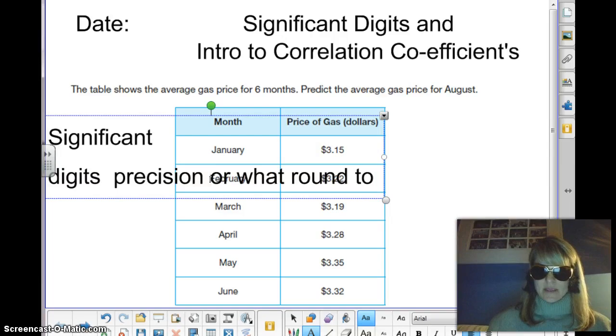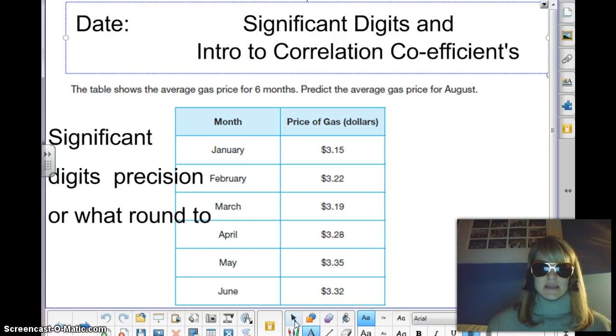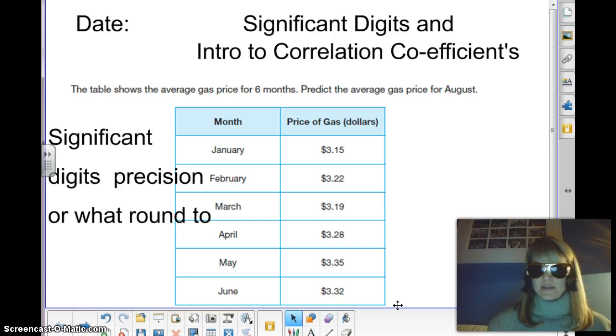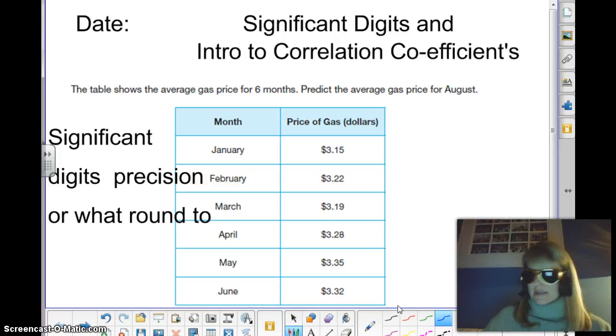So we're going to look at our data, and here I can see I have months on one side, and then I have dollar amounts on the other side. So all these dollar amounts go out to the pennies place, or we could say the hundredths place, right?